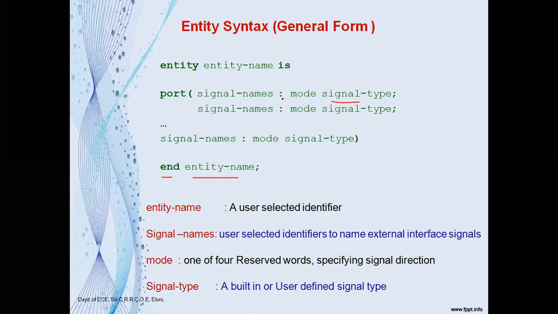But the user has to select one of the 4 reserved words for the mode, and also has to specify the type of signal. The signal may be a bit signal, I mean a single digit of either 0 or 1, or it may be a vector signal.